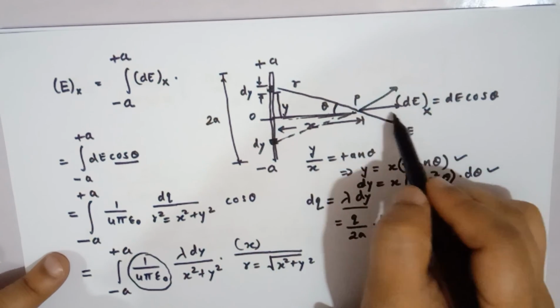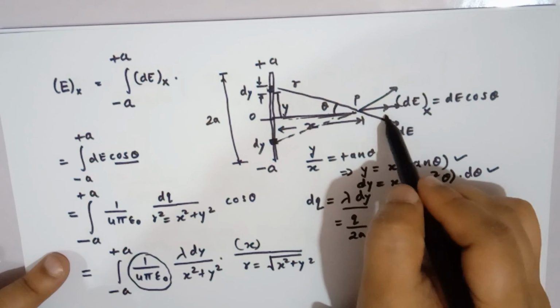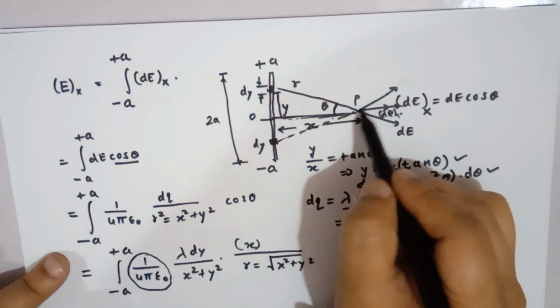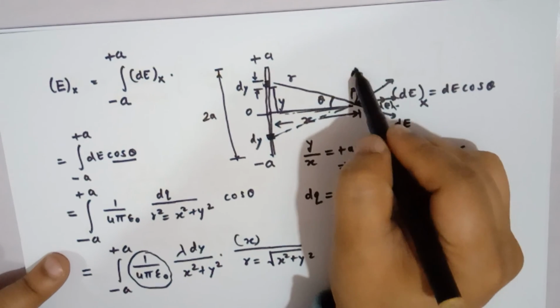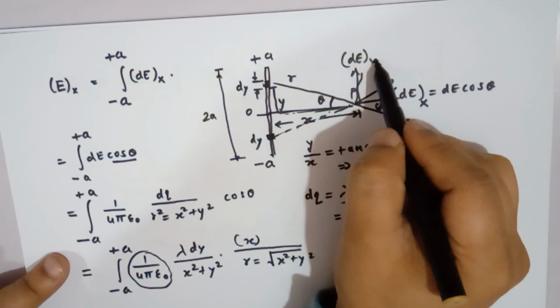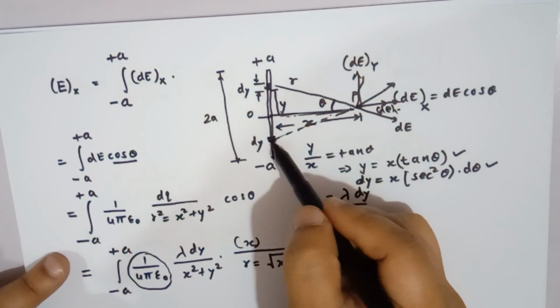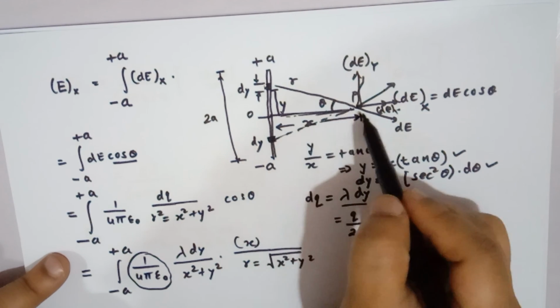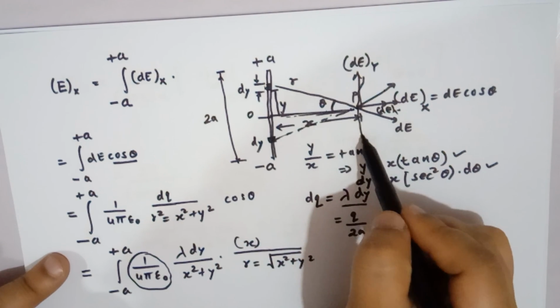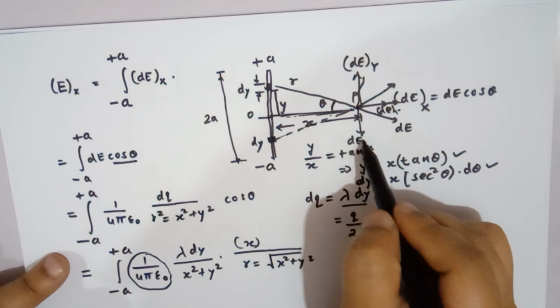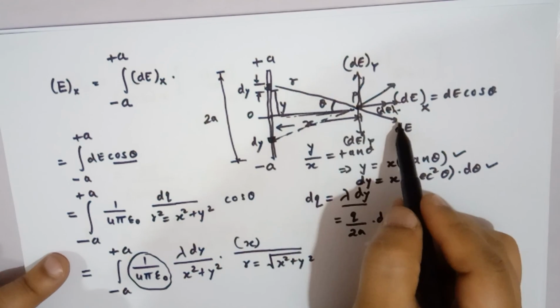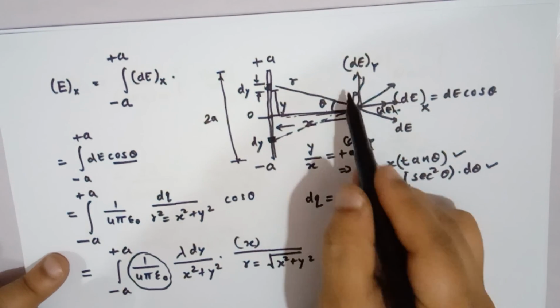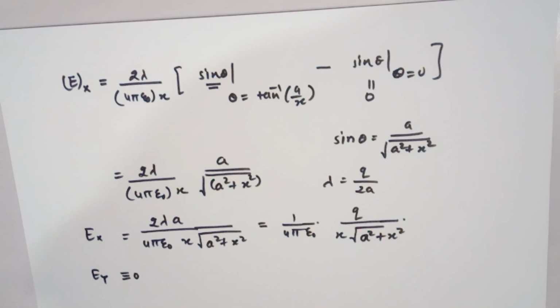The components along the x-axis add up, but the components along the y-axis from the lower portion would be cancelled out by those from the upper portion. They would be equal and opposite, so the electric field along the y-axis would be 0. That is very easy to calculate.